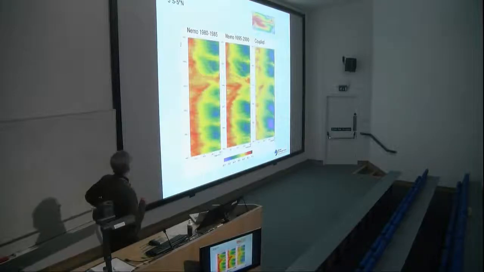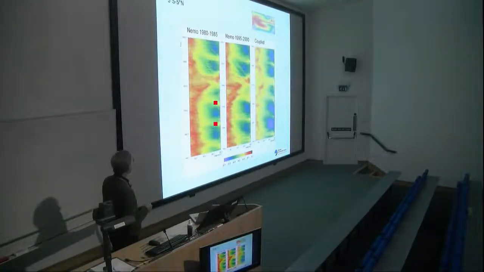I've compared here this 1980-85 period with 1995-2000 and a coupled model that Andrew's been involved with. And what I wanted to show is that all of these events have some sort of similarity. You see the tropical instability waves, that's what these things are.